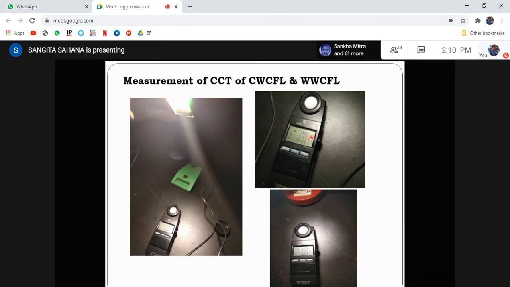And we can see this 7393 lux, that is the amount of light falling over the sensor. And the 0.145 or 0.025, these are the other color parameters which are not required here. So we have to write down only the value of the T, the CCT. You have to repeat the process for the other three lamps also.